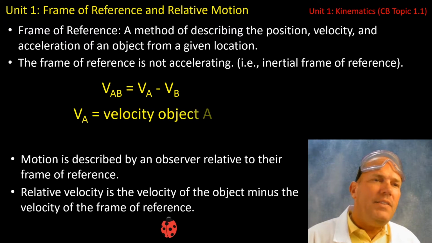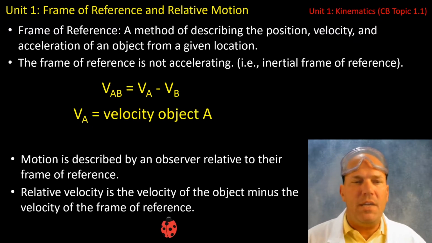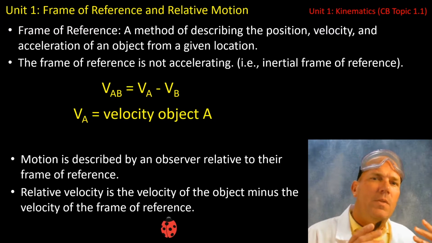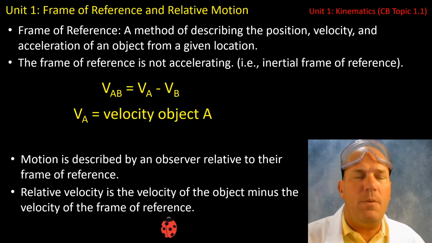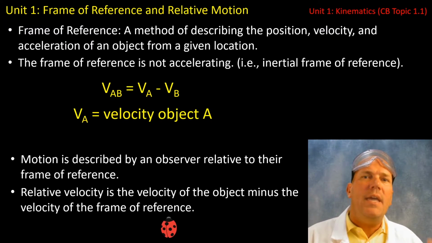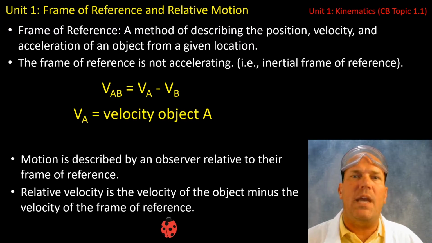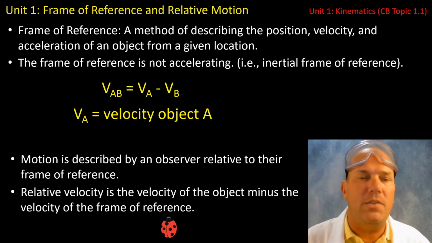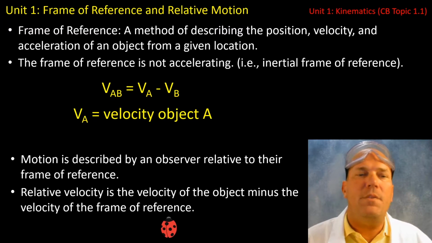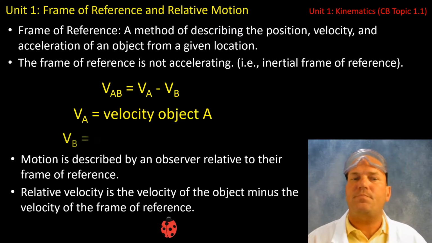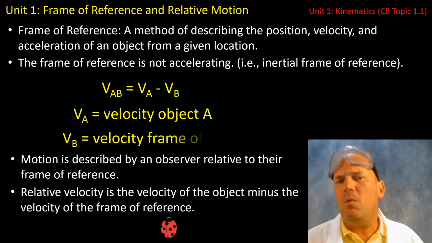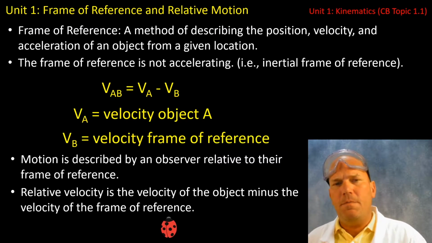So let's go ahead and do a calculation given that we know the speed of the red bocce ball to be 8 centimeters per second, and that's in the positive direction as it flew from left to right across your screen. Velocity B will always be that velocity of the frame of reference.